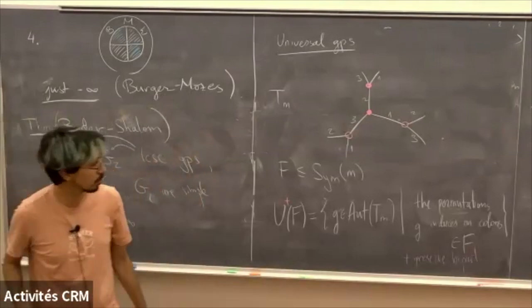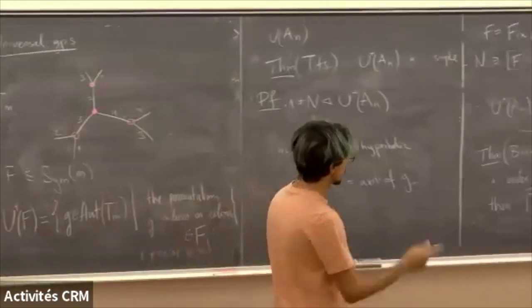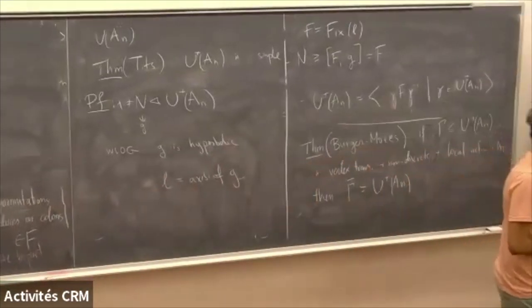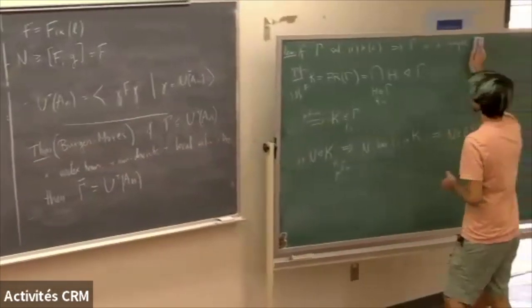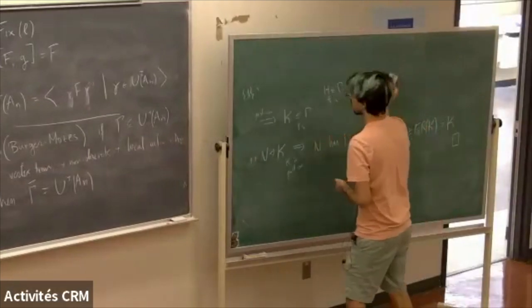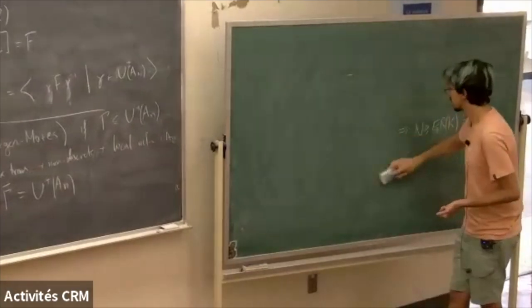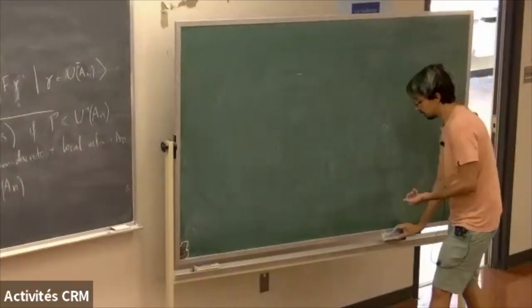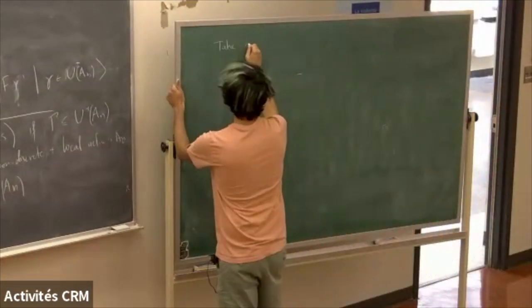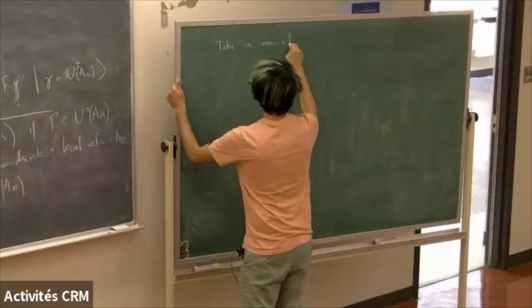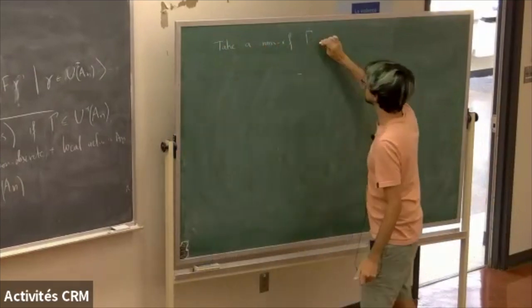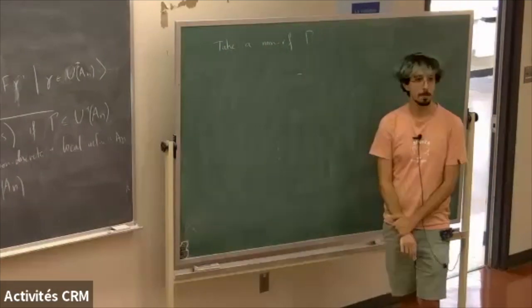So I have one more minute to tie everything together. We constructed a non-residually finite BMW group, right? This was wise. So take a non-residually finite BMW gamma. Okay.